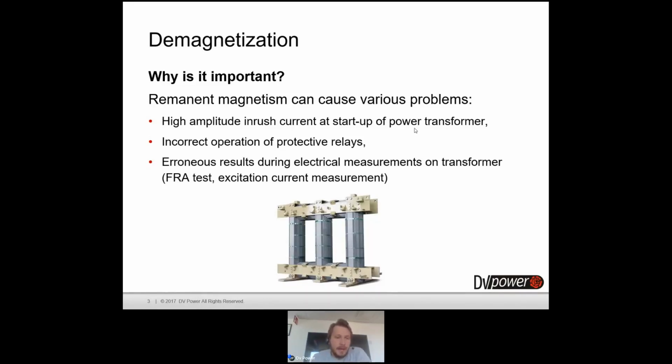And basically, when the transformer was tested during commissioning testing, the frequency response analysis test showed not good results. Even though the transformer had not been in operation, it had been demagnetized in the factory.